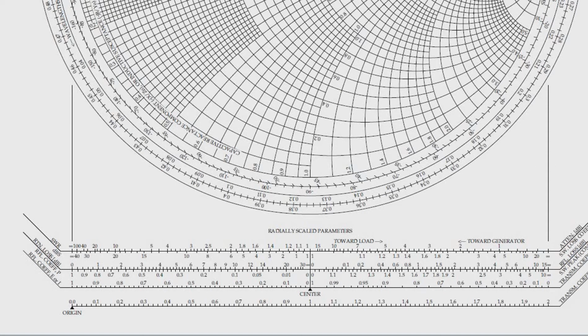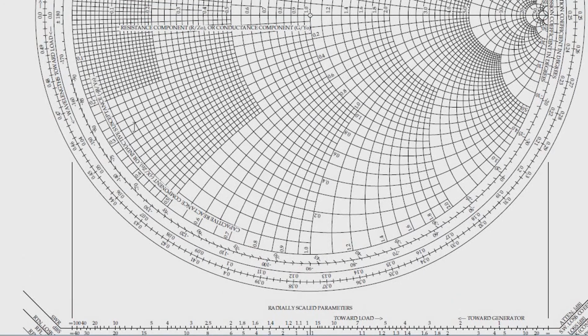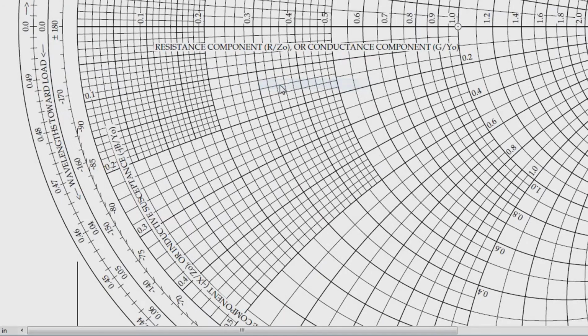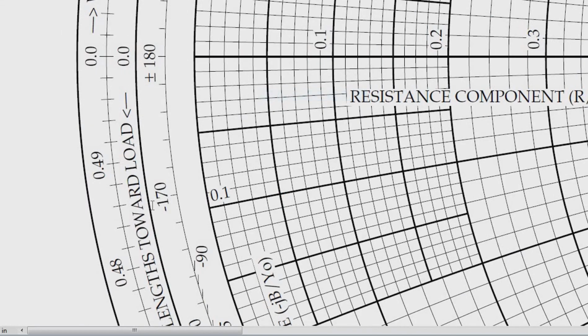And see, one more parameter on this, wavelength. Here, are you able to see these letters? See, wavelength towards load.